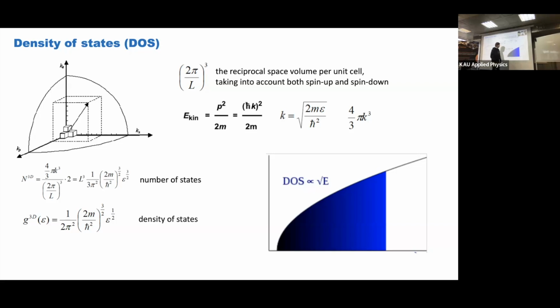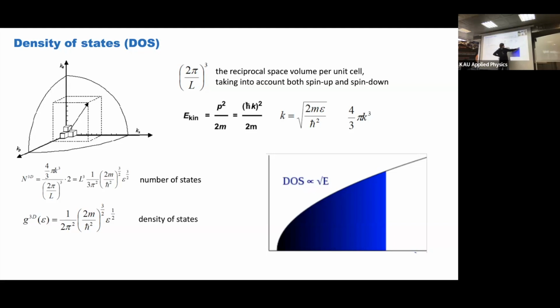What happens when the temperature goes up? How do you think? The number of empty states is... Yeah, but how will it look on the plot? There will be a white space, then some blue space, and white space. It will be like this.